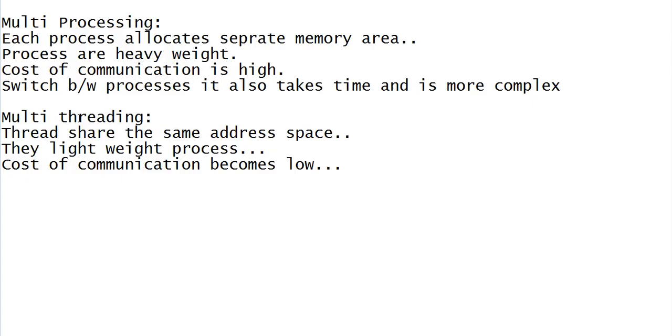And at least you need a single process for a thread to work.